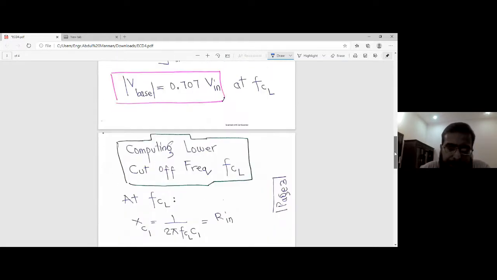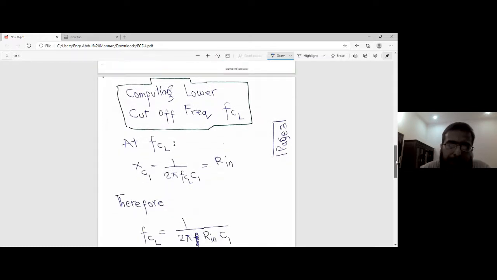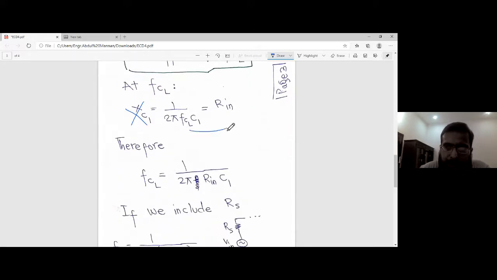So as the last part, how to compute lower cutoff frequency FCL? Since at FCL Xc1 and Rin are equal, but Xc1 can also be written as 1 over 2 pi FCL times C1, therefore neglecting this and putting Rin equal to this expression, and then taking FCL on the right hand side and taking Rin on the left hand side, this becomes FCL is 1 over 2 pi Rin times C1.